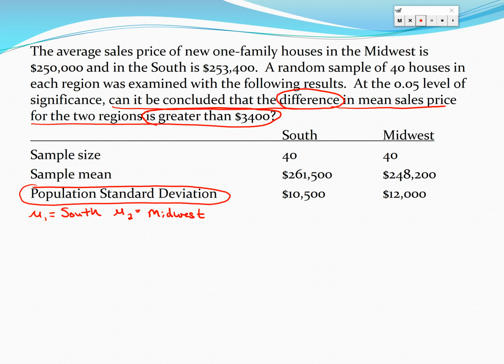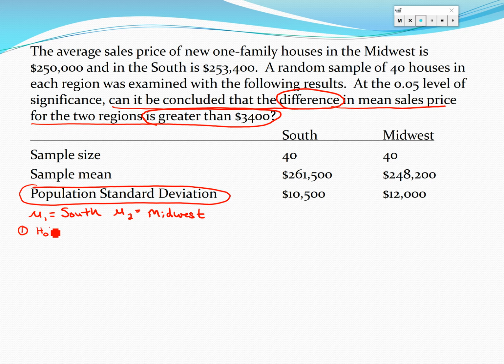Now, this question isn't stated all that well. They're just looking for that the difference for the two regions is greater than 3,400, but they're not really saying which one is the greater one. So you have to kind of read into it a little bit more and look at which one starts off as being the greater one, and that's what you should use as your mu sub 1. We are not given quite all the information that we need.